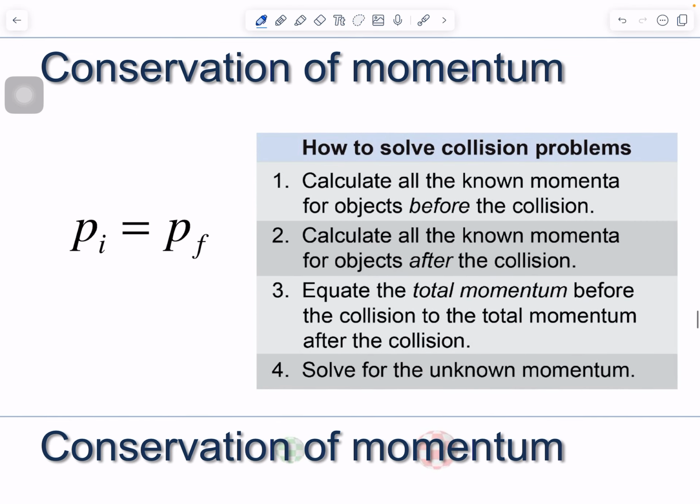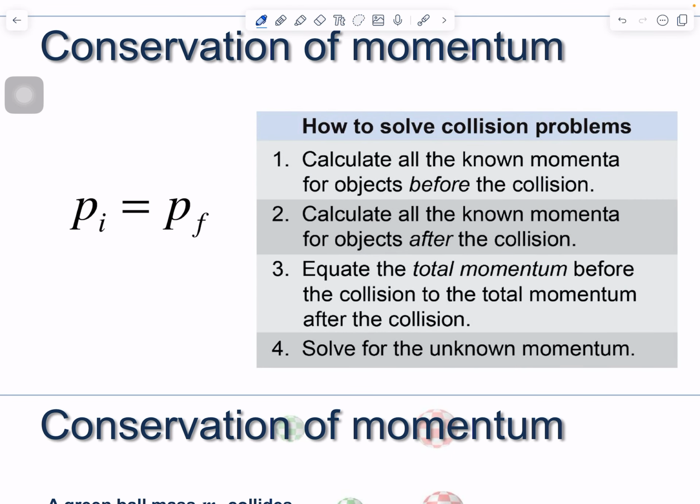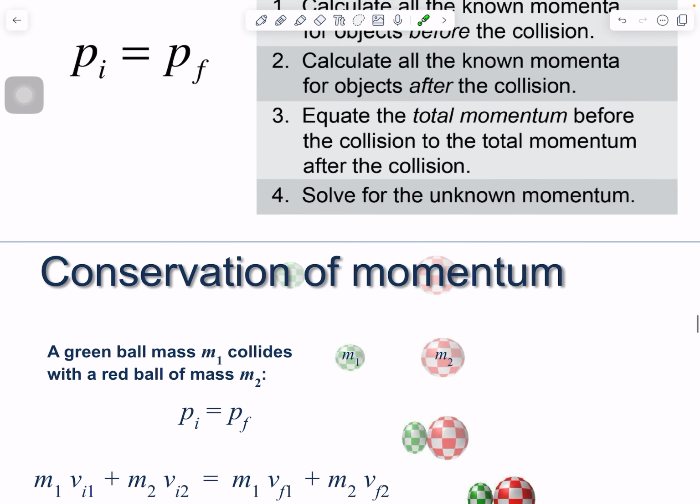And so in order to solve collision problems, you want to calculate all the momenta before and add those together. That's your P initial. You want to calculate all the known momentum after. That's your P final. And then you set those equal to each other, and then you solve for the unknown variables that you're looking for.